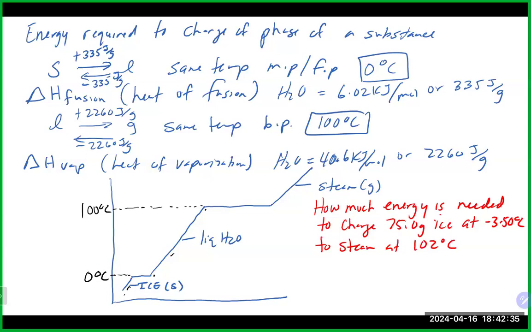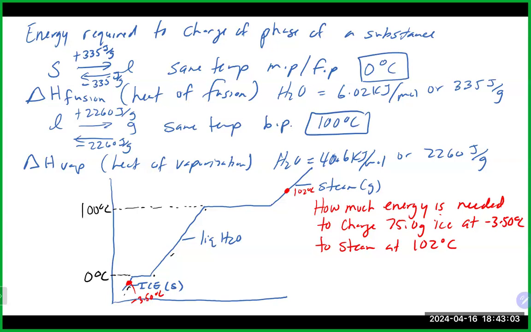So we want to know how much energy it requires to do that entire transition. On our graph, we're basically going to be starting right here at ice at minus 3.5 degrees, and we eventually want to get all the way up here to, we'll call that 102 degrees Celsius.